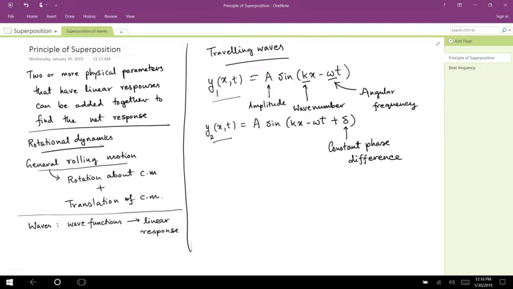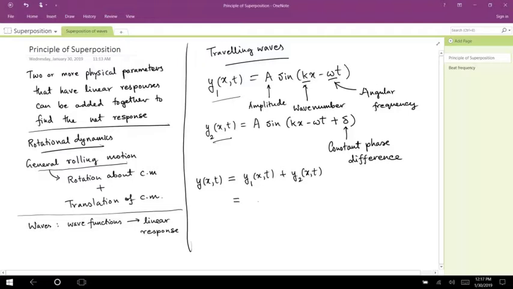All right, so let's talk about what happens when we take these two traveling waves and superpose them. The superposition principle tells us that y of x comma t, when both of these waves are acting together, would look like y1 of x comma t plus y2 of x comma t.